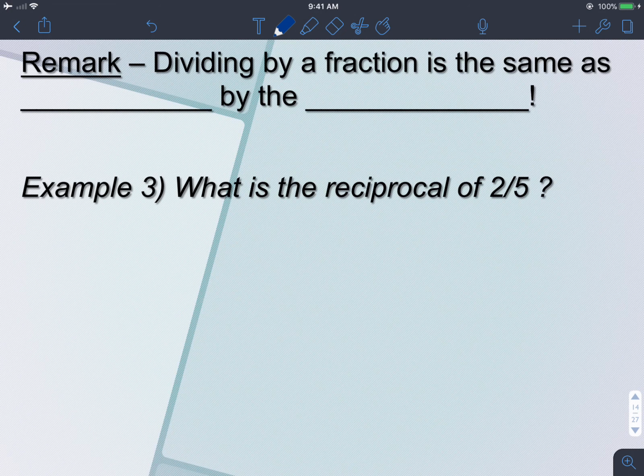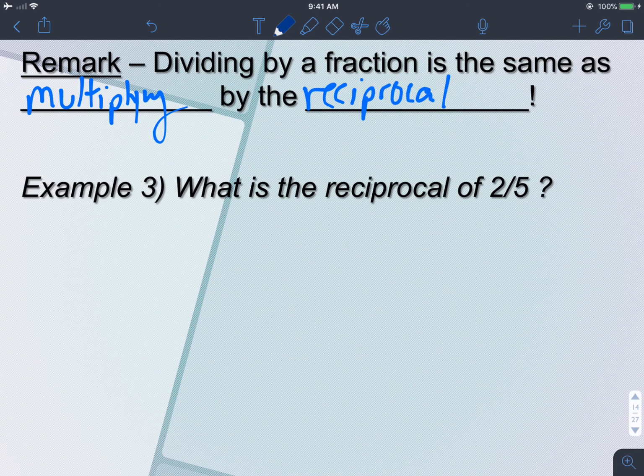Dividing by a fraction is multiplying by the reciprocal. Reciprocal means flip the fraction.